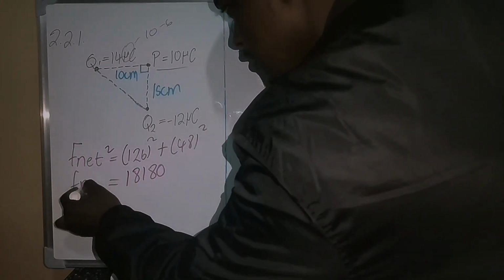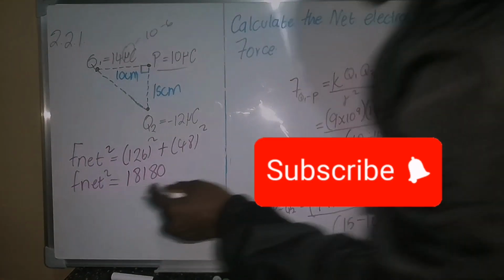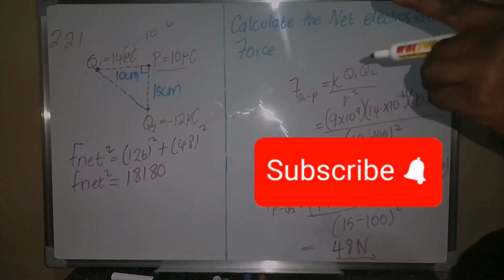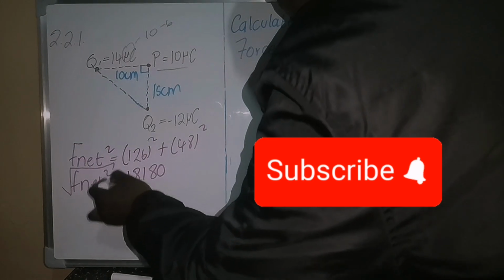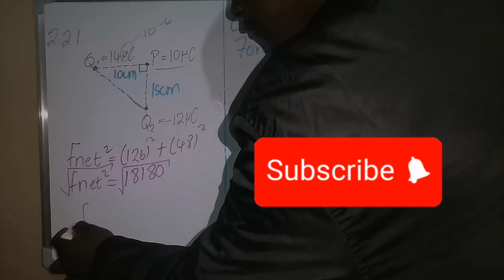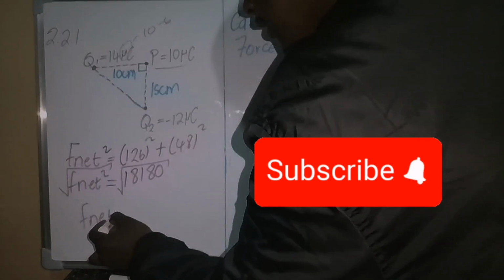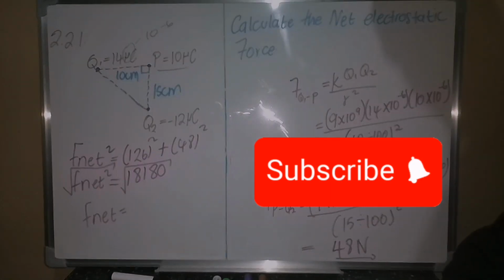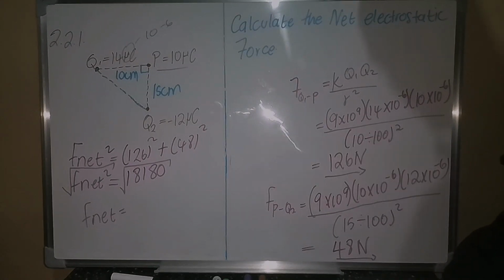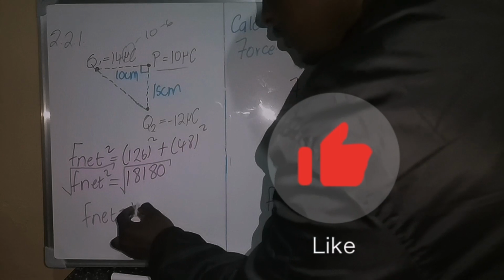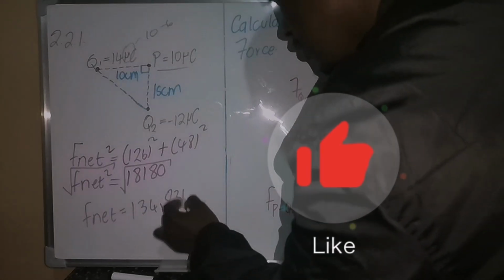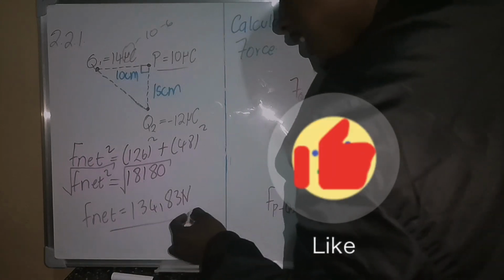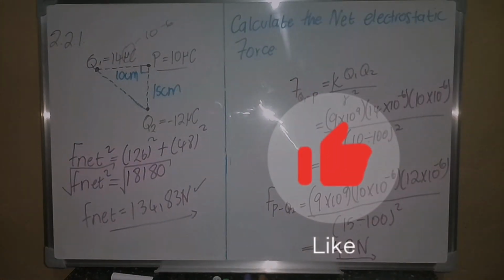Therefore, F net squared is that. I need F net, so I introduce the square root on both sides, and therefore F net gives the answer of around 134.83 newtons. You are done. This is the answer for our question.